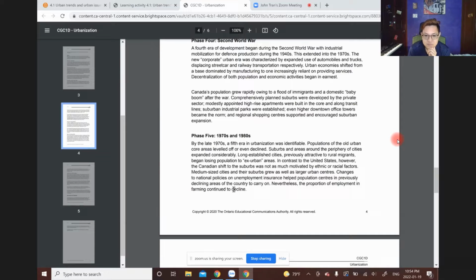Change to the national policy on unemployment insurance helped population centers and previously declining areas of the country to carry on. Nevertheless, the proportion of employment in farming continued to decline.